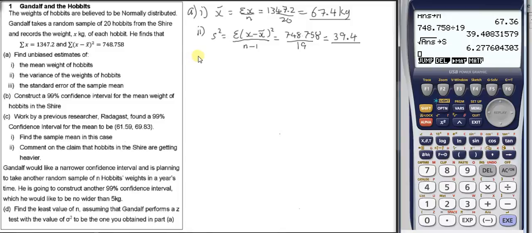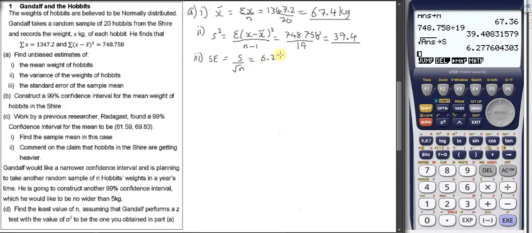And thirdly, in this question, the standard error of the sample mean. And again, another formula, standard error of the sample mean is s over root n. So in this case, 6.2776 divided by the square root of 20.